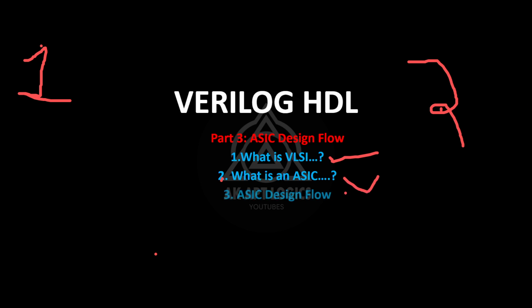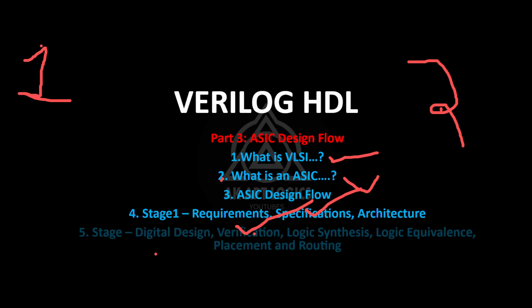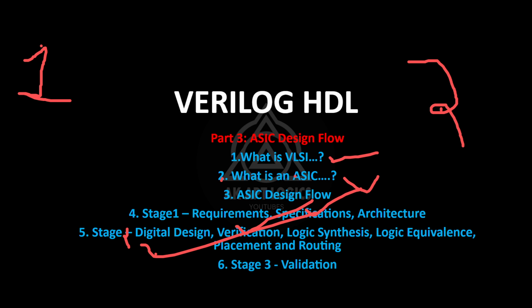Okay, and we're going to discuss the ASIC design flow, and stage one in the ASIC design flow, which involves requirements, specifications, and architecture, and then stage two in ASIC. It is stage two, I didn't print it right, sorry guys. Yeah, stage two, and then stage three, validation. Okay, these things we are going to discuss. Next we are going to see the next.